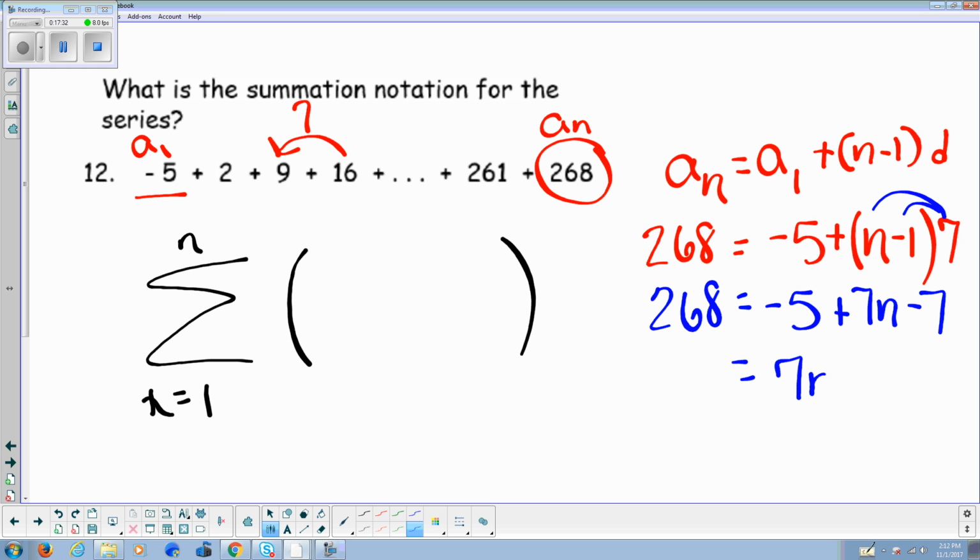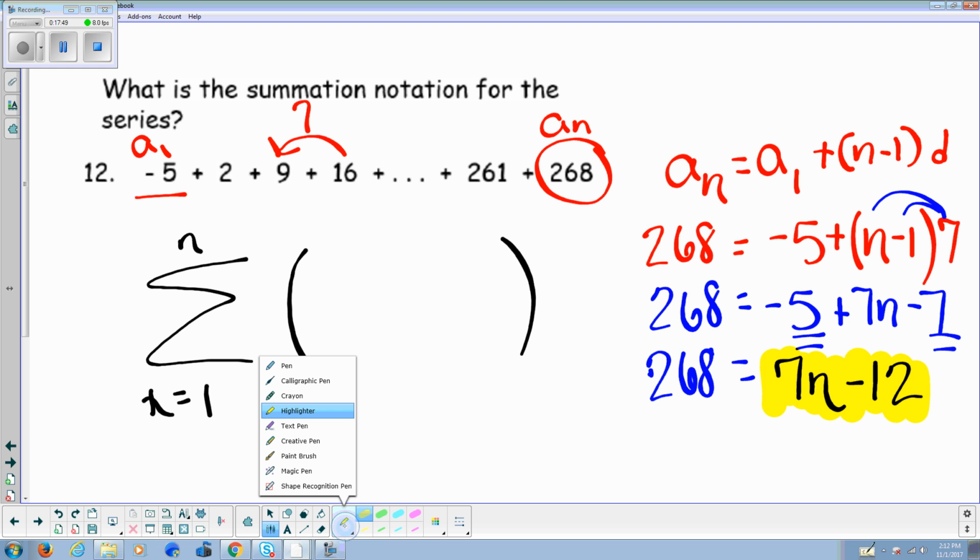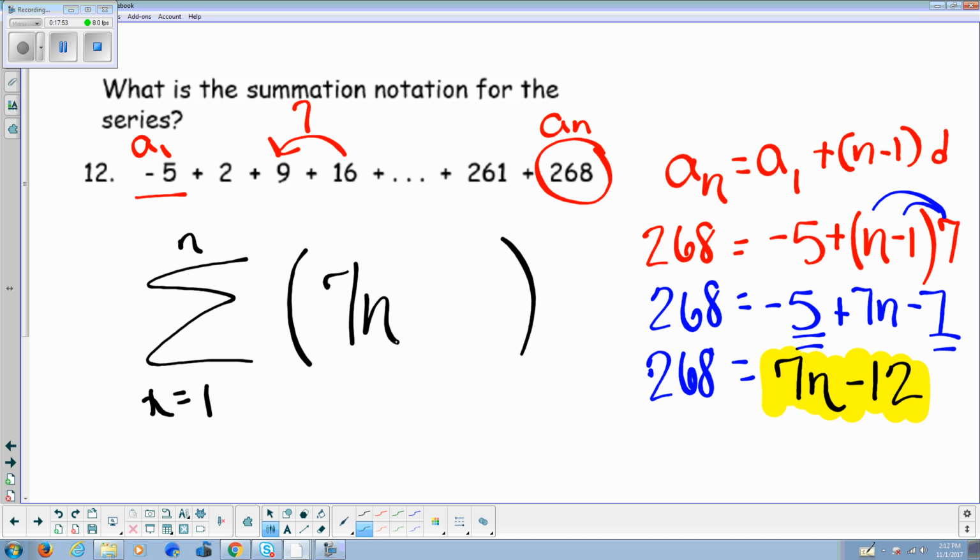Then we're going to bring our 7n down and combine like terms, negative 5 minus 7 to be negative 12, equal to 268. Pause, because this is my explicit formula. 7n minus 12 is the explicit formula.